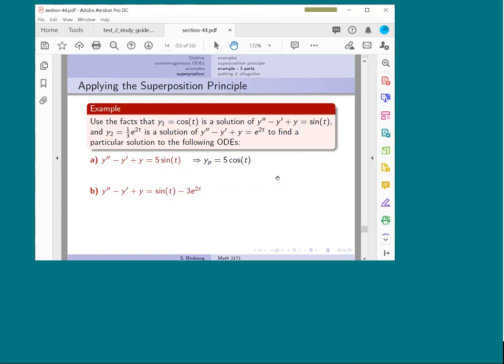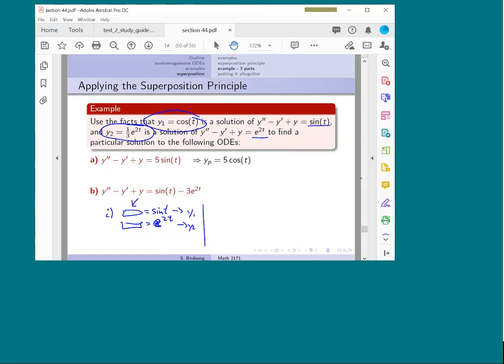What they'll sometimes do is break this into 2 pieces: look at the differential equation when it equals sine, solve that one, make my life easier, and then look at the differential equation when it equals just the e to the 2t bit. I'll be able to create my own y1, y2 solution, and then put it all together. That's often how this is used in practice, as opposed to being given these 2 solutions off the top.